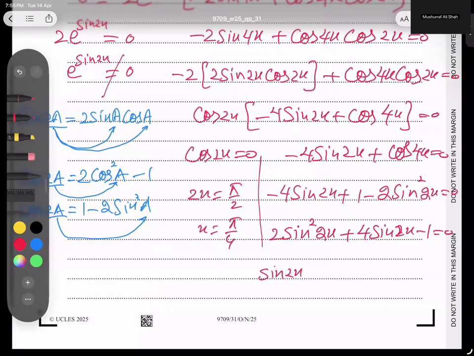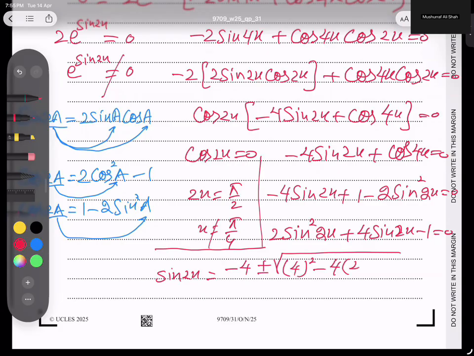So this I drag back, and here I'm just writing not possible, and apply the formula -4 plus and minus b square minus 4ac over 2a. Okay, and I'm going to use the calculator and get the answer. So first value a is 2, b value is 4, and c value is -1.